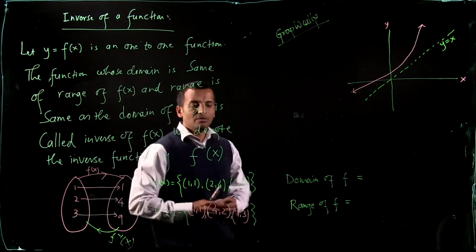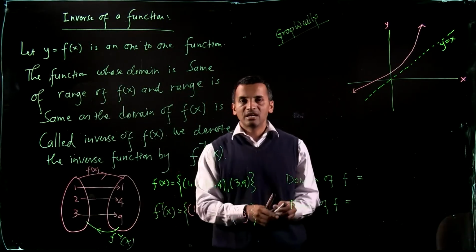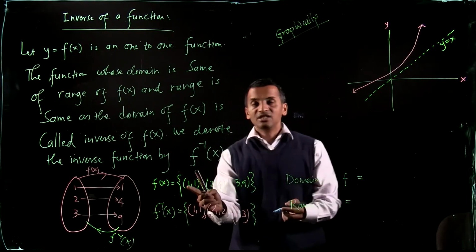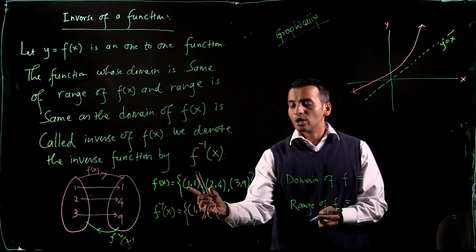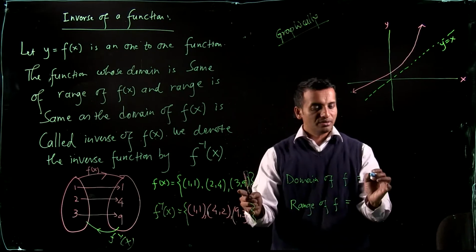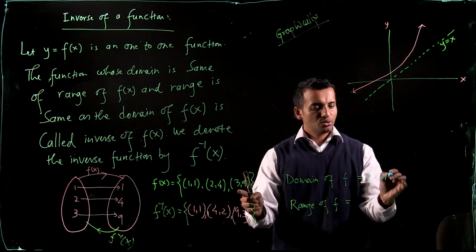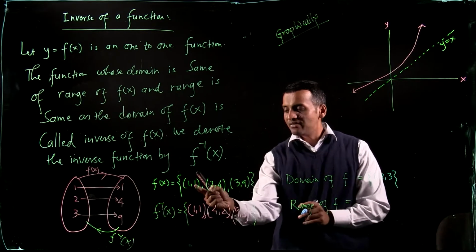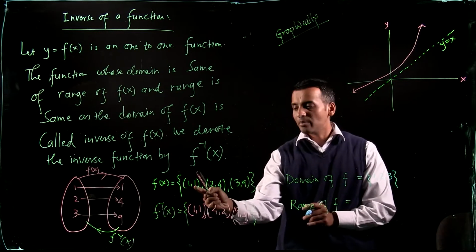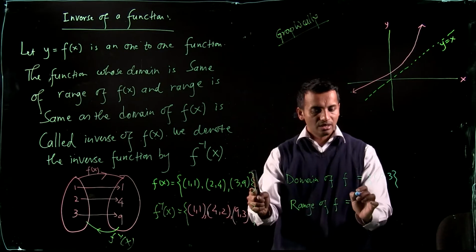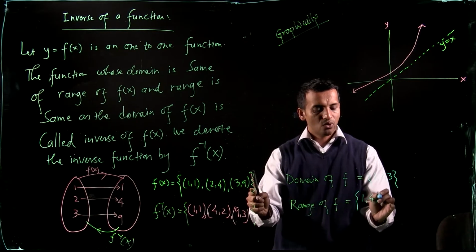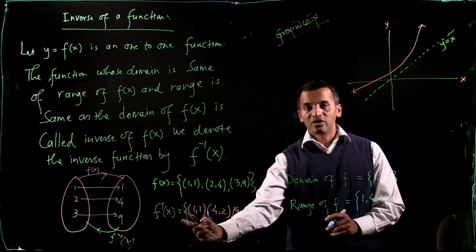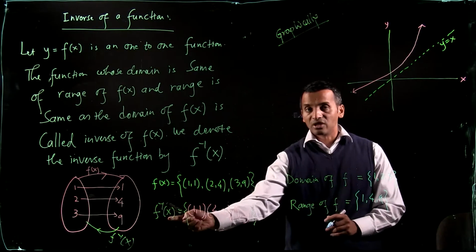So how do you write the domain of f and the range of f? The domain of f is the set of all first components: 1, 2, 3. And what is the range of f? The range of f is the collection of all y components: 1, 4, 9. Let's find the domain of f inverse. What is the domain of f inverse?